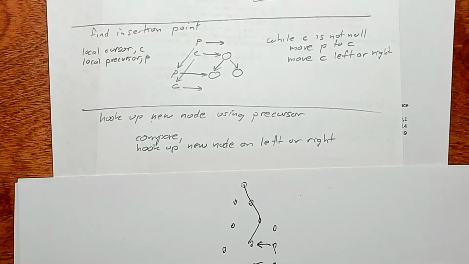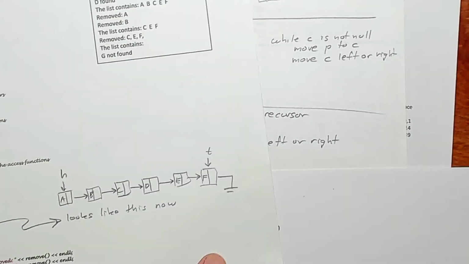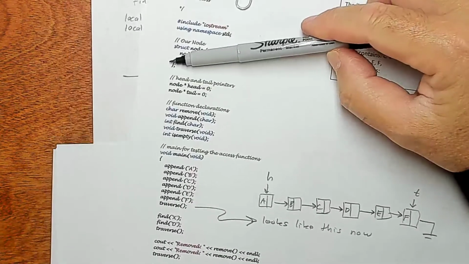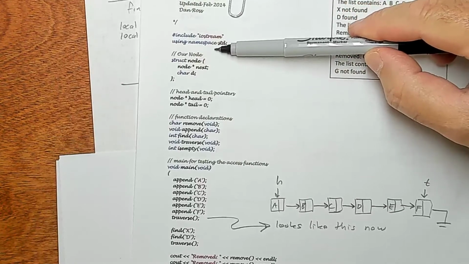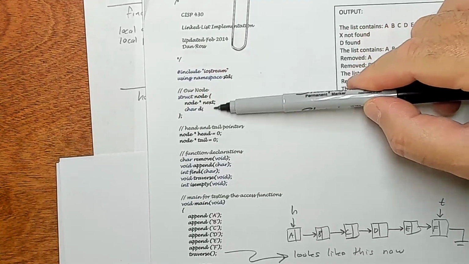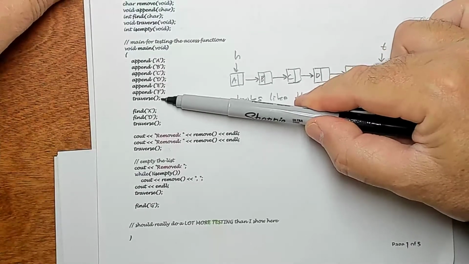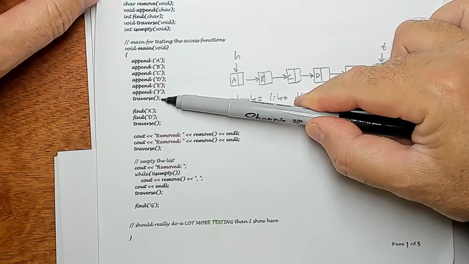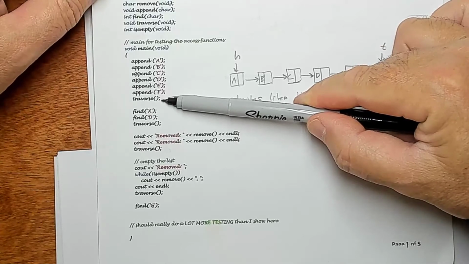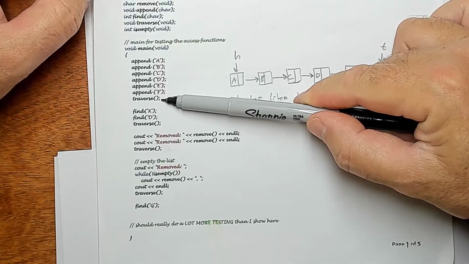But anyway, to help you out a little further, refer back a couple of assignments to the linked list implementation. We've got a node structure, and there's a couple of functions in here that are similar to what you want to do. Traverse is similar, except you need some logic to decide whether you're moving left or right.